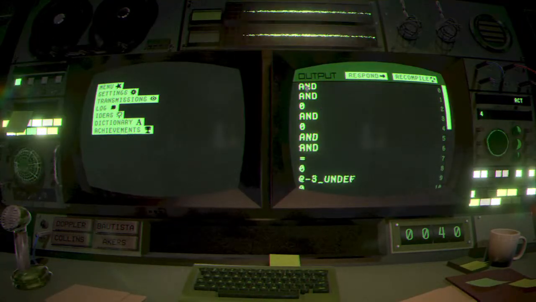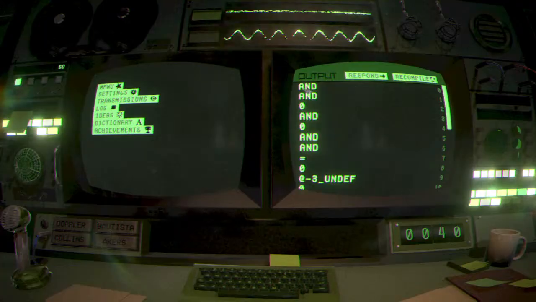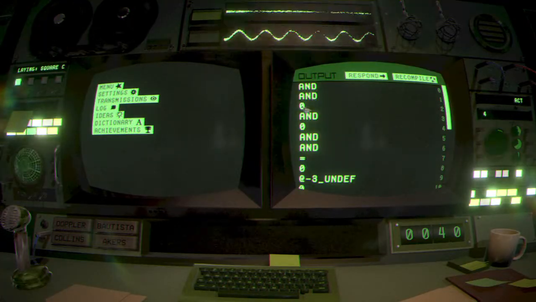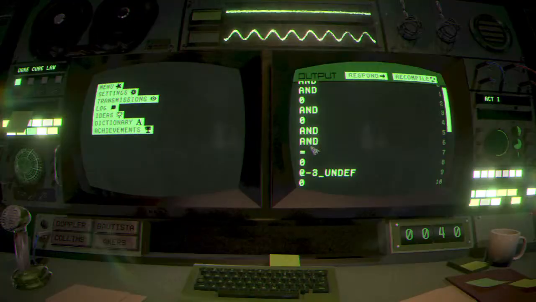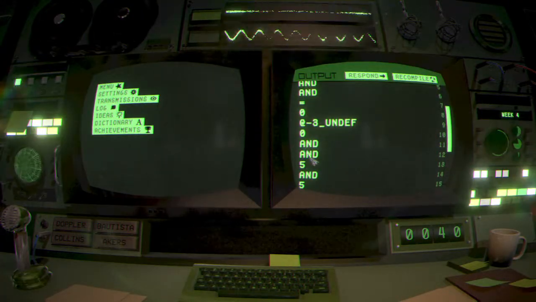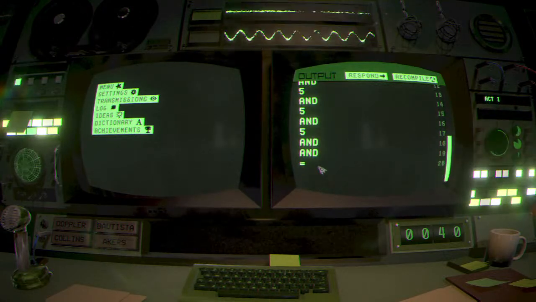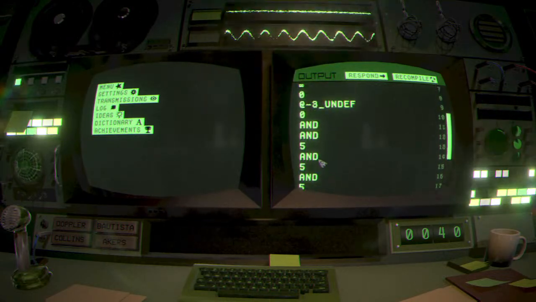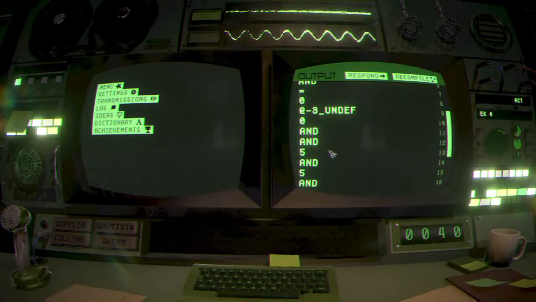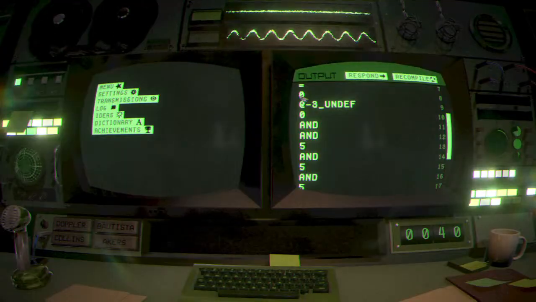Okay, starting with a double and is peculiar. So 2 line skips into 0 and 0, 2 line skips equals 0, undefined 0, and 5 and 5 and 5 and. What? So, what?